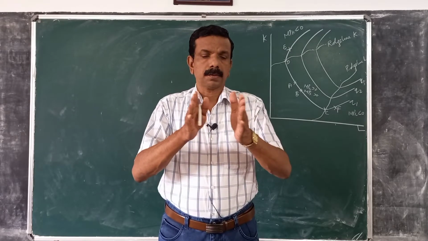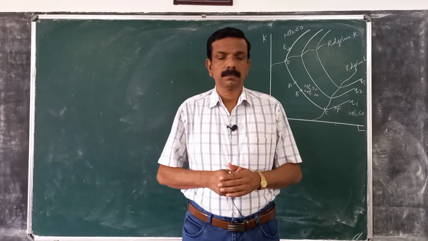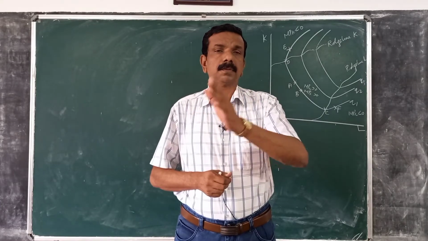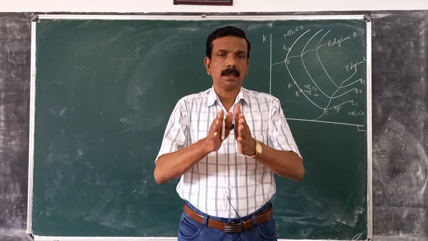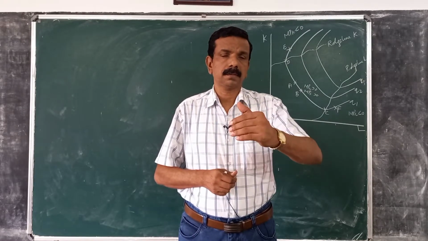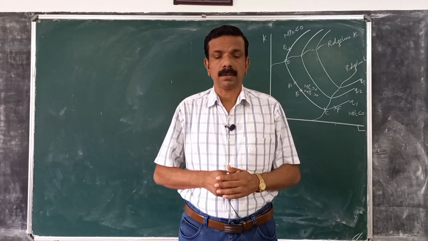And the slope of the isoquant shows how one input can be substituted for another, keeping output constant. We know that output is constant along an isoquant.